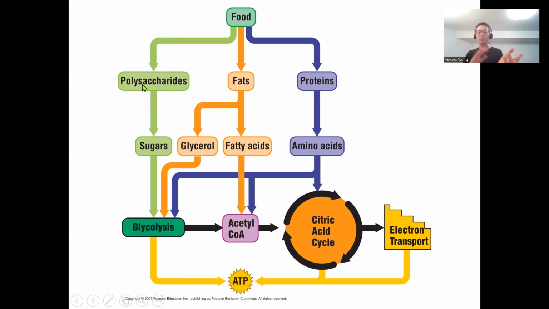By switching these pathways, you basically change your metabolism. You change the way that your body produces fuel, and perhaps it's going to help you gain some muscle, help you lose some body fat, and so on and so forth.